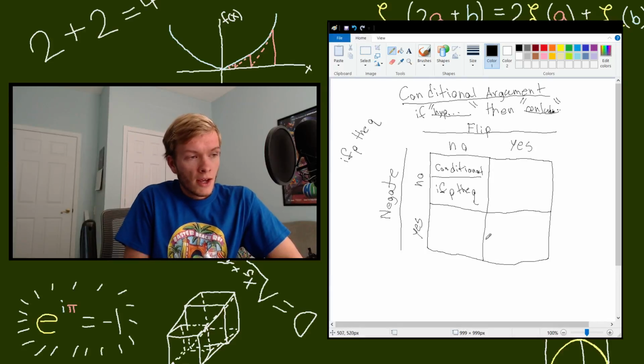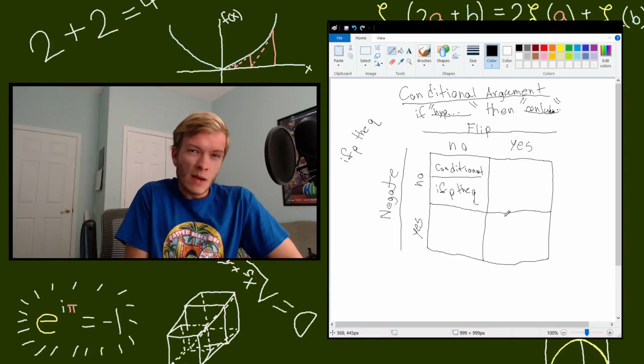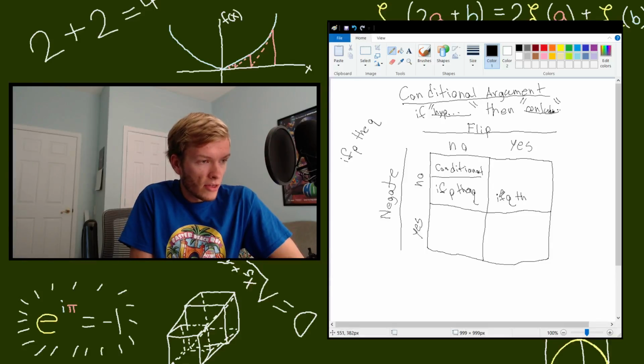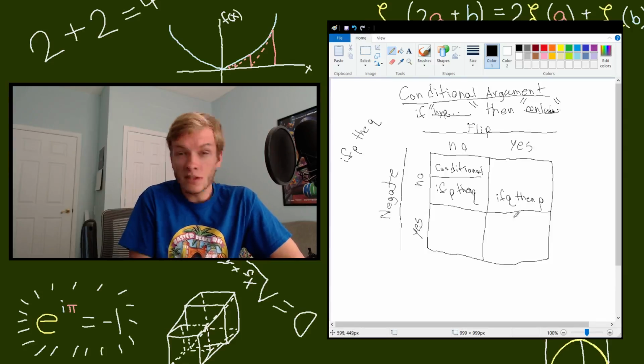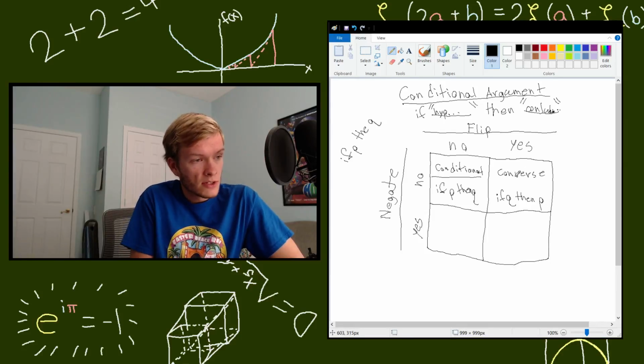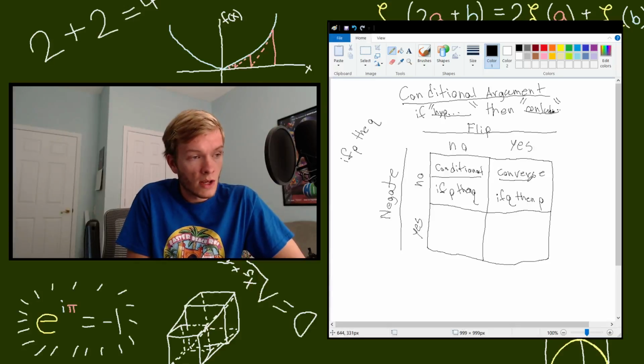So we're just going to populate the rest of this table. So what happens if we flip this around? And by flipping it around, I mean if Q, then P. This is actually called the converse of the statement. So this is a converse statement compared to this original conditional statement.